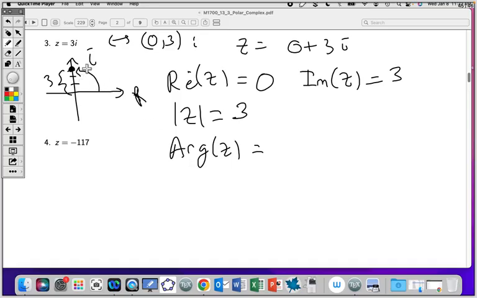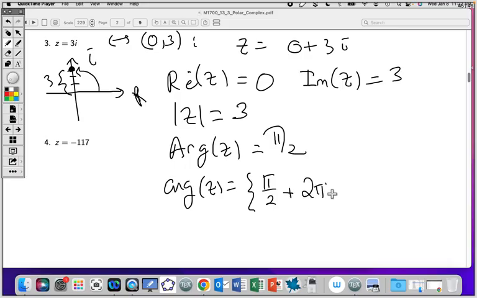I'm up there on the positive imaginary axis, so that's a rotation of pi over 2. So the argument of z would be any angle coterminal with pi over 2. So there's all the bits and pieces for that complex number.